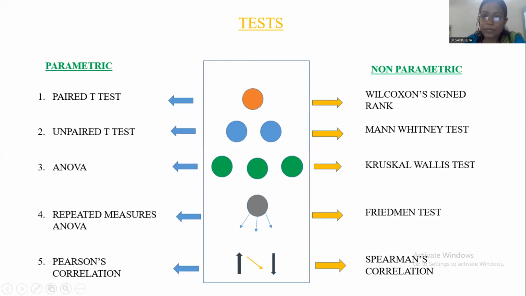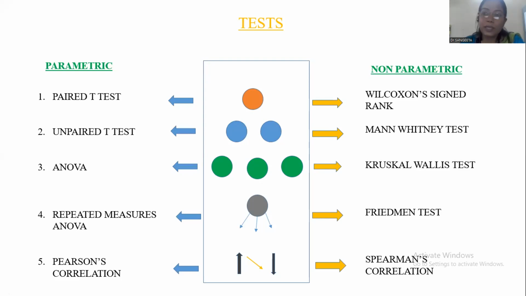So if there is a single group, you can use one of these tests. Now, how are you going to decide which test to use? If it is a normal distribution, go for parametric. If it is a non-normal distribution, go for non-parametric. Simple. Okay. So if it is a normal distribution, go for parametric. If it's a non-normal distribution, go for non-parametric.